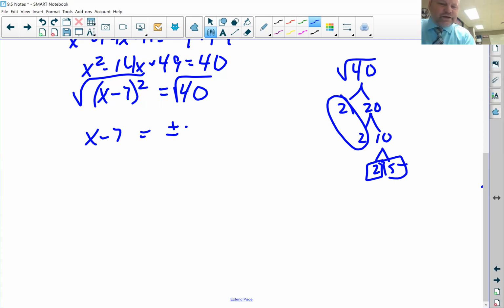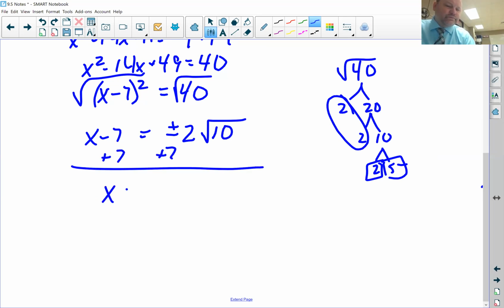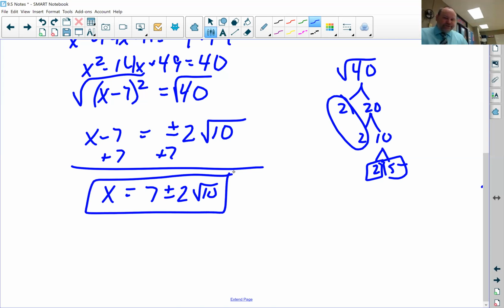So we can take out a factor of 2, and underneath we have 2 times 5, which is 10. And we want to add 7 to both sides. And there's our answer.